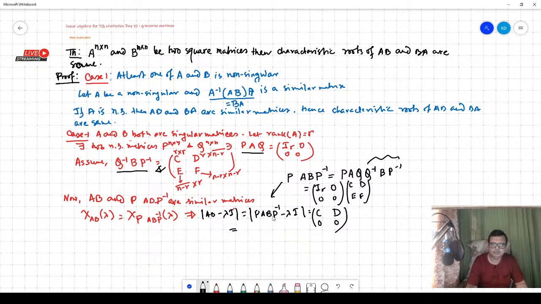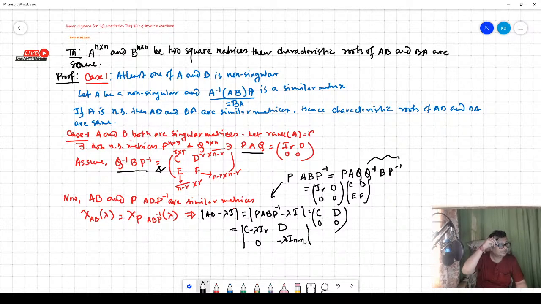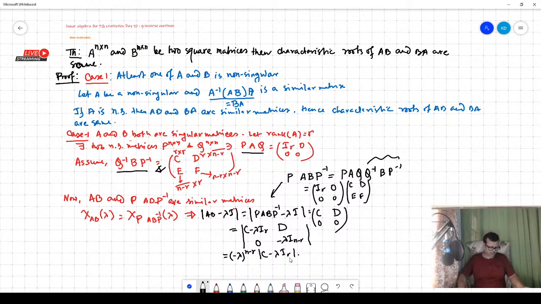Now PAB P inverse minus lambda I is [C minus lambda I_r, D; 0, minus lambda I_(n minus r)], and this equals minus lambda whole to the power n minus r times the determinant of C minus lambda I_r. I denote this by equation 1.